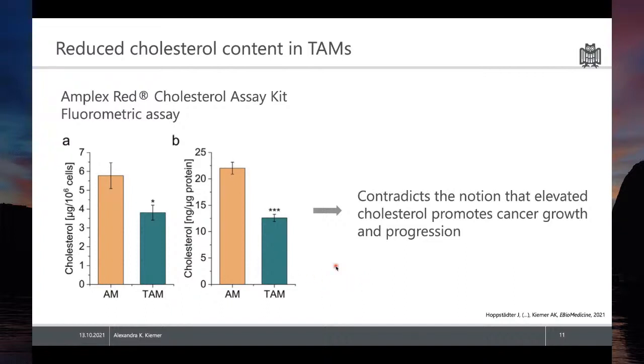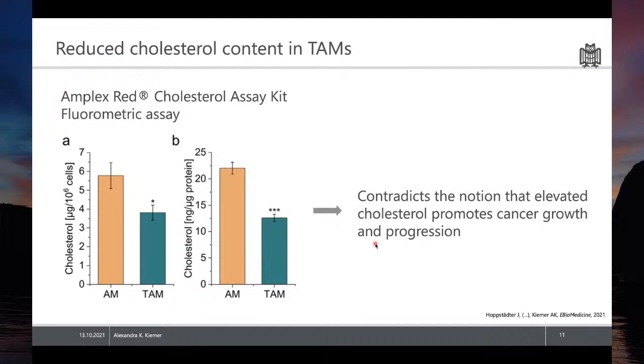So this was pretty clear. We were very surprised to see this because typically there's this notion that cancers have high cholesterol levels and that these cholesterol levels promote cancer growth and progression. But in the macrophages, we really found quite the opposite.